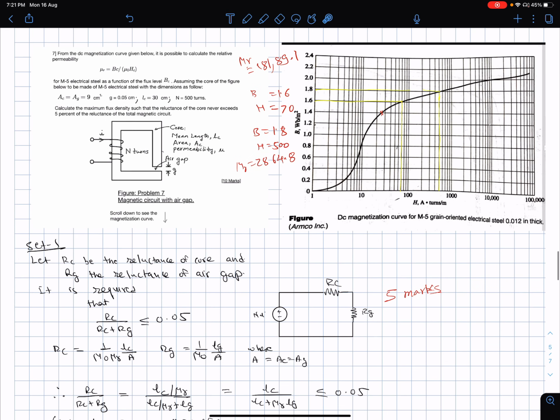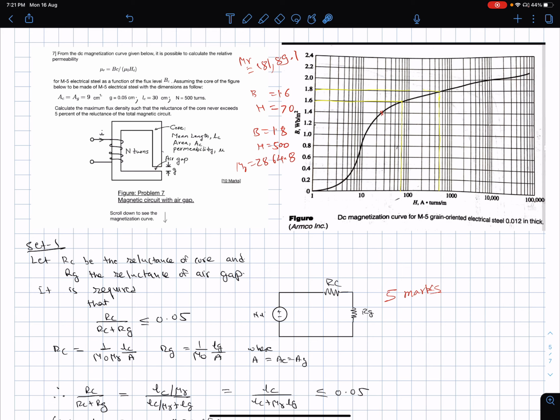Now what is asked here? Calculate the maximum flux density such that the reluctance of the core never exceeds 5% of the reluctance of the total magnetic circuit. The reluctance of the core means of this path, and the total magnetic circuit will also include the air gap. So here is a simple figure now.